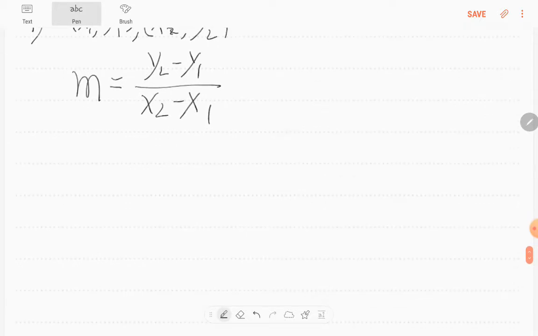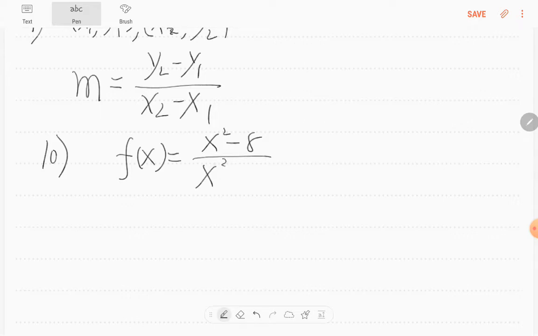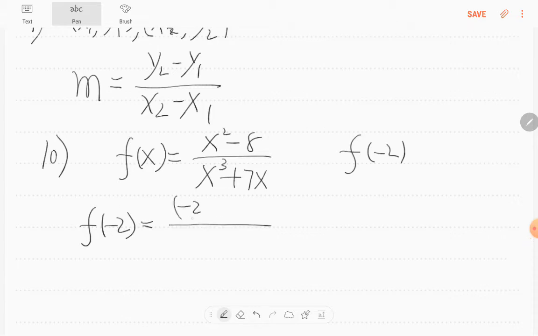Number 10. Given a function f of x equals x squared minus 8 over x cubed plus 7x, what is f of negative 2? So f of negative 2 means you replace x with negative 2. So it's negative 2 squared minus 8, over negative 2 cubed plus 7 times negative 2.